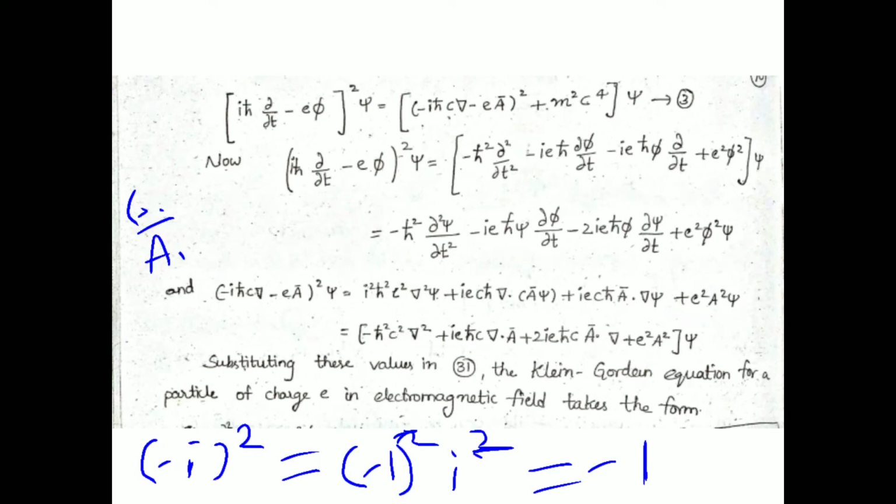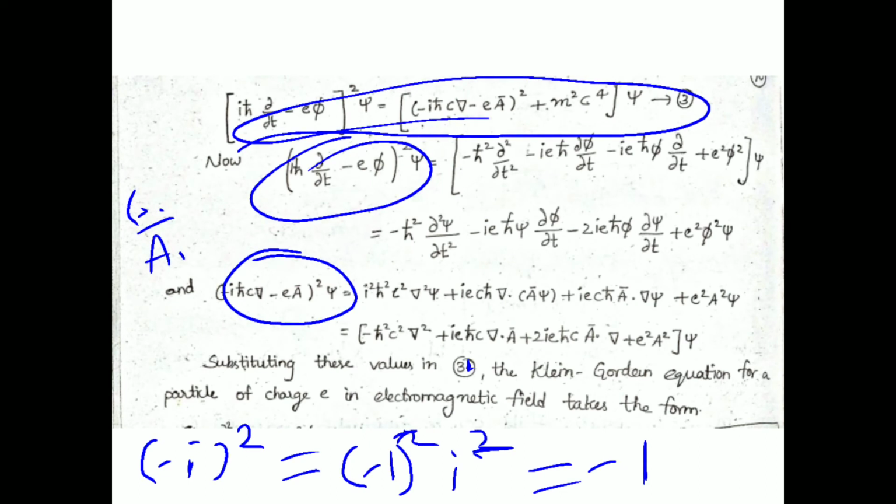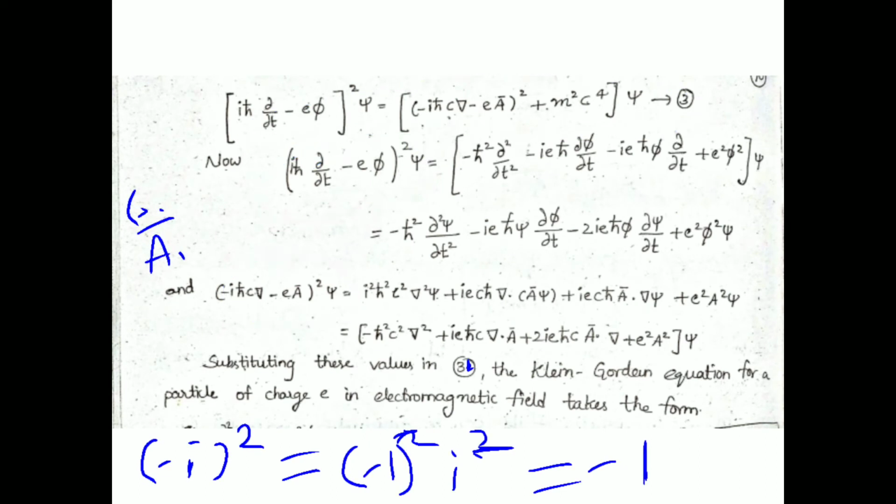Next, substituting these values in 31, the Klein Gordon equation for a particle of charge in electromagnetic field takes the form. This is equation 3. So all these expanded terms are to be substituted in this third equation. That is the meaning of this. The Klein Gordon equation for a particle of charge in electromagnetic field takes the form.